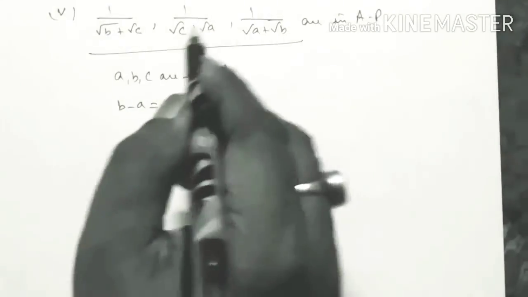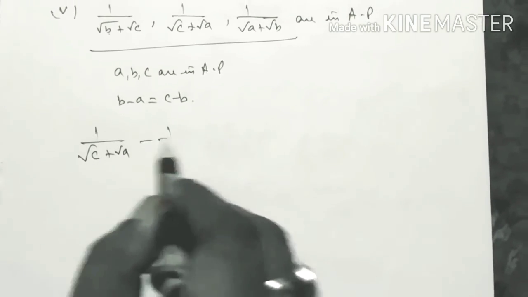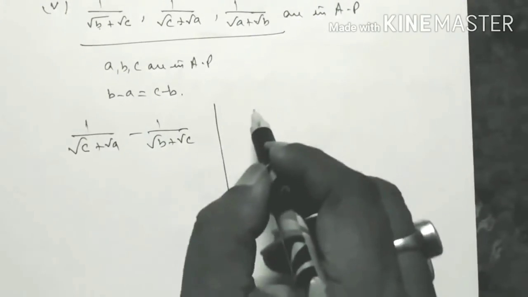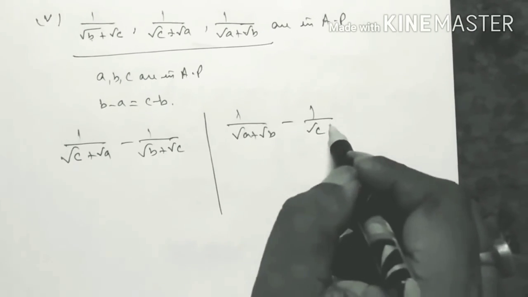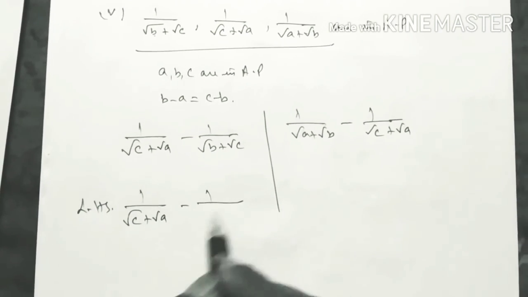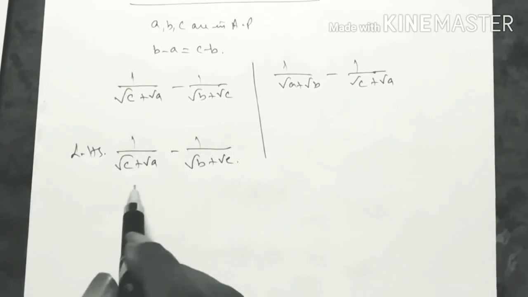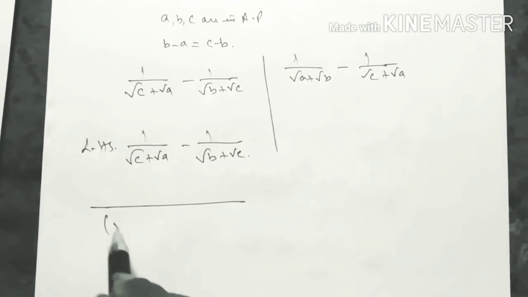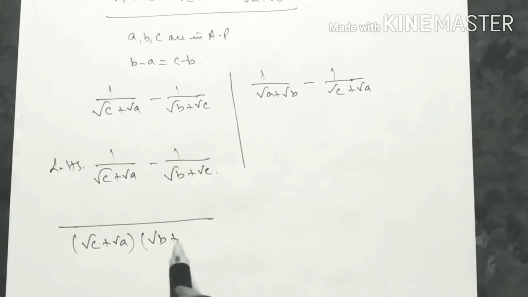Now again, second term minus first term, 1 by root C plus root A minus 1 by root B plus root C, and third minus second, 1 by root A plus root B minus 1 by root C plus root A. Now let me take the left hand side: 1 by root C plus root A minus 1 by root B plus root C. The LCM is (root C plus root A)(root B plus root C).